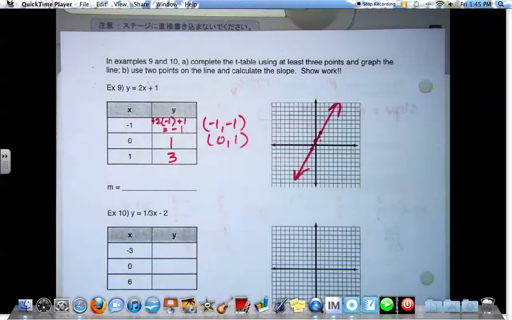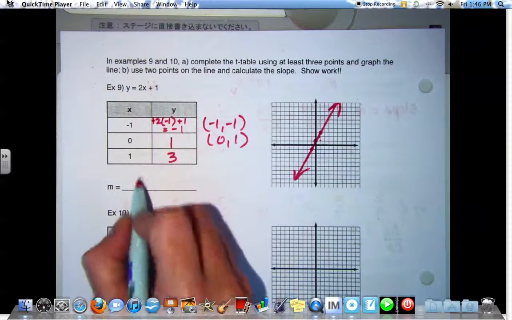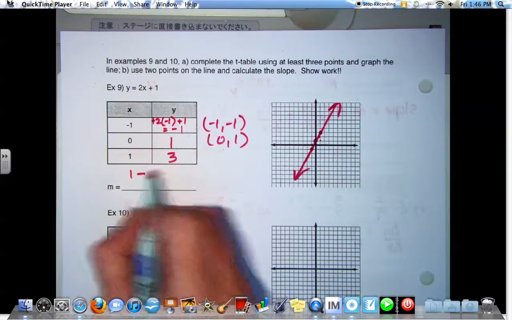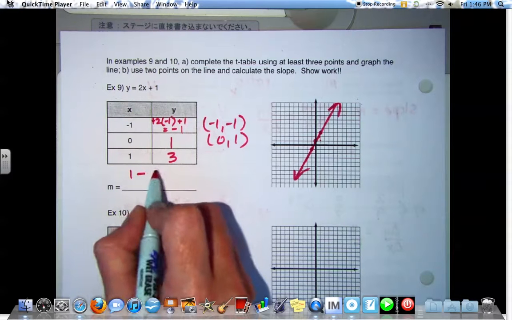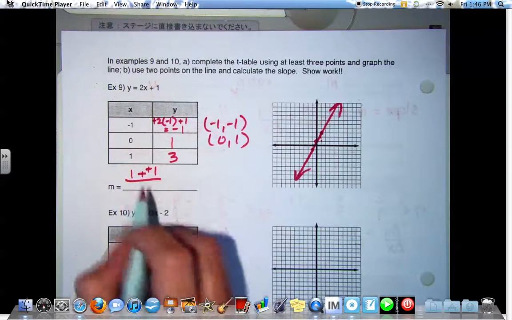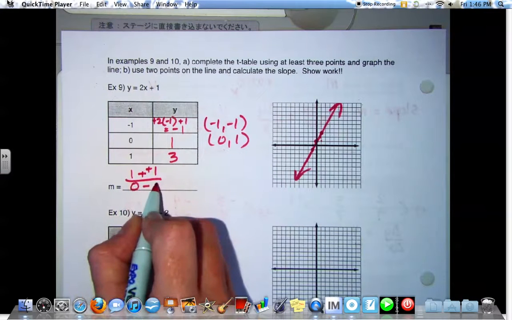All right, so what's our y2 value? 1 minus our y1 value, which is negative 1, plus. And then our x2 value is 0, 0 minus negative 1.